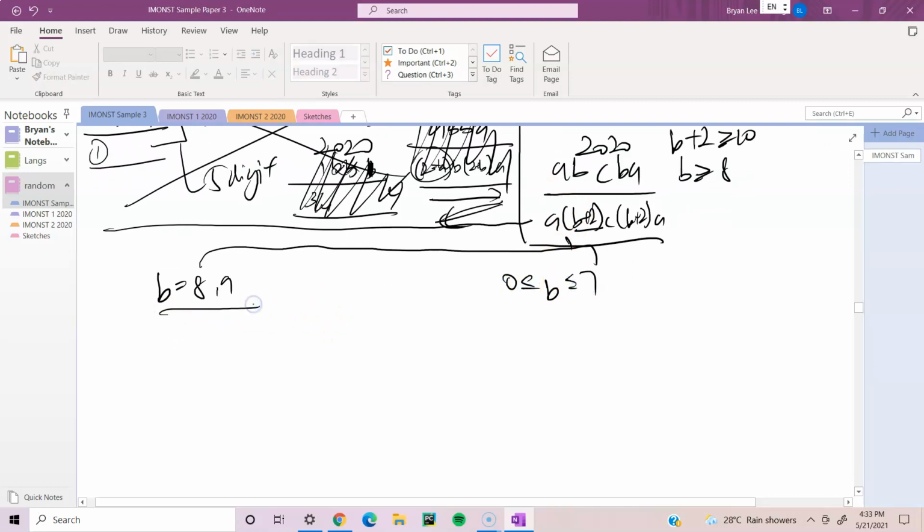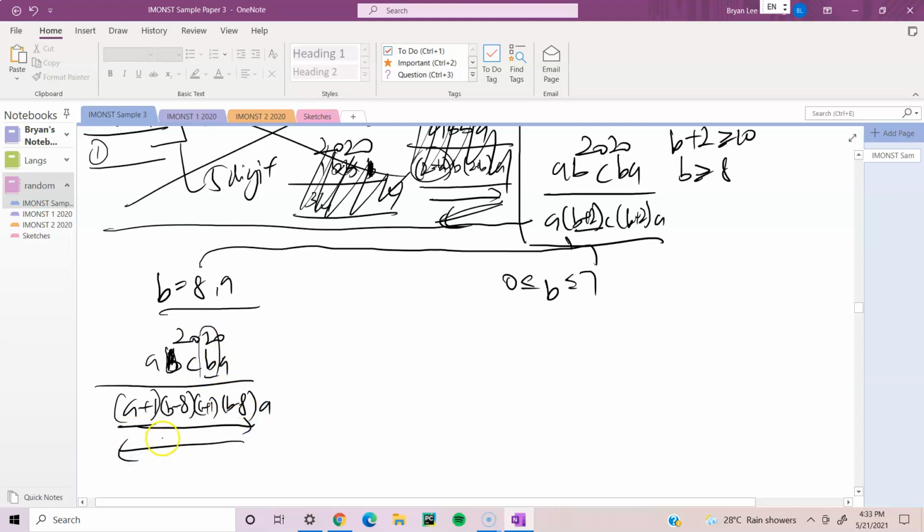If B equals 8 or 9, 2020 plus A, B, C, B, A will give us, since 2 plus B exceeds 10, A plus 1, and then B plus 2 minus 10, which is B minus 8, and then C would be C plus 1, because again B plus 2 exceeds 10, so this is B minus 8, and then this is A. Now read from front to back, this is not the same, so this cannot be a palindrome, so this case is cancelled.